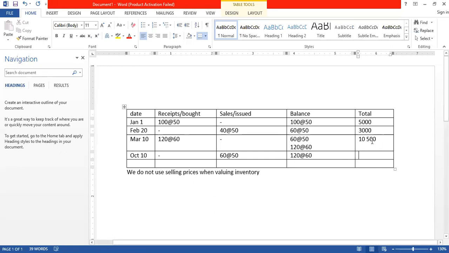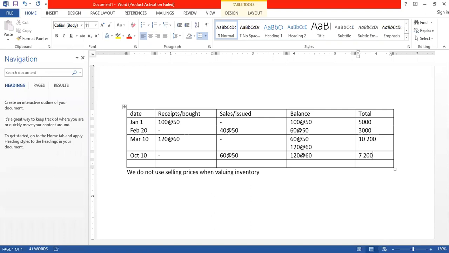Sorry, it's not 10,500, it's actually 10,200. Okay, now what is our new total value? 120 multiplied by 60 will give you 7,200 as our new total cost.